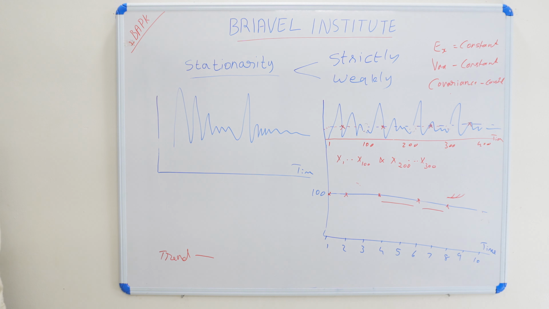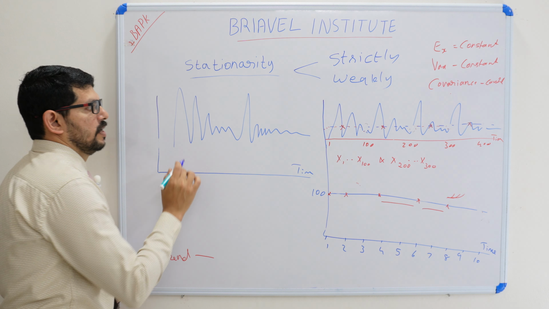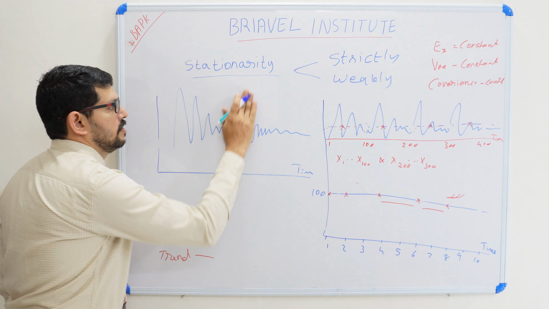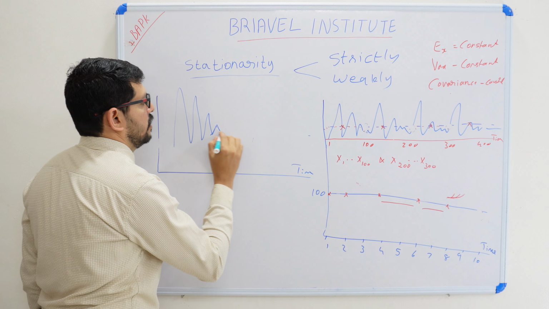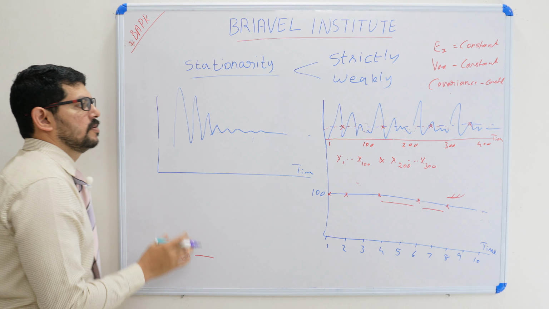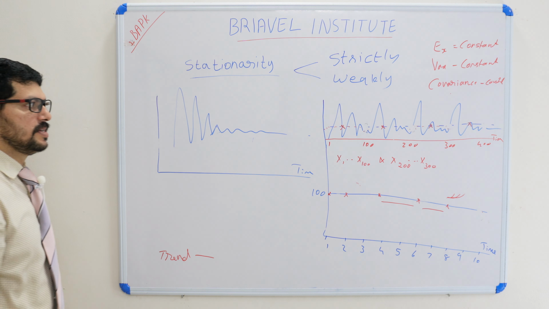You see this graph, whether it is stationary or not. This also depends on time. The process increases to a high level and then comes down. This process also we can't say is stationary.